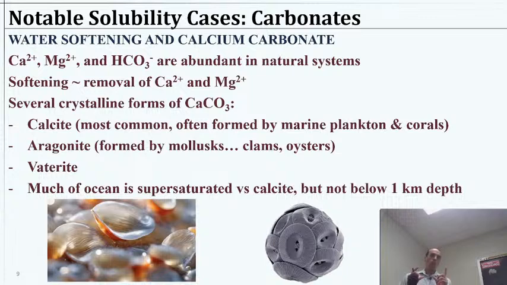Now, most of the ocean is supersaturated with respect to calcite, at least in the upper regions, but below about 1,000 meters, it's undersaturated. So if you have diatoms or plankton composed of calcite in the upper oceans, they're going to be easily forming these shells, a precipitation reaction encouraged by the microbes.